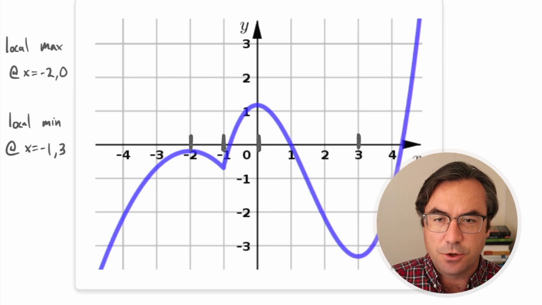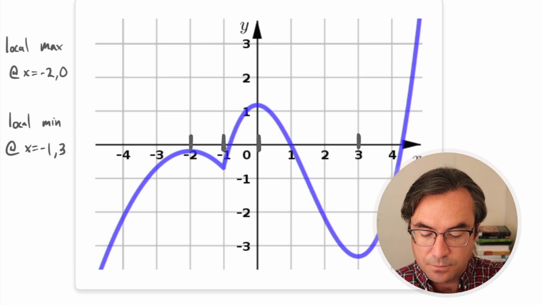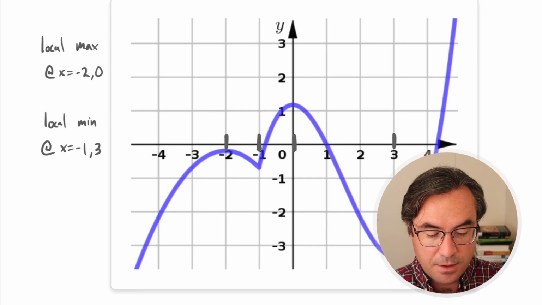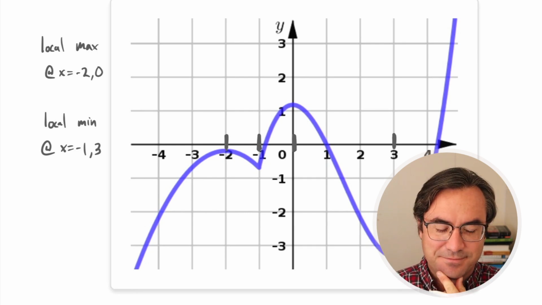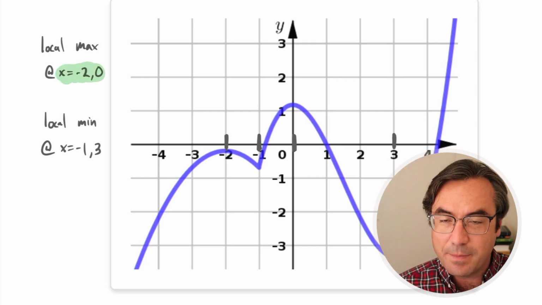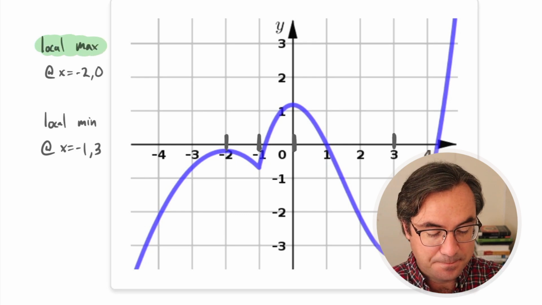Okay, so this looks like we have, what color do I want to use? I guess we'll use green. All right, so it looks like we have a local max at 2 spots.